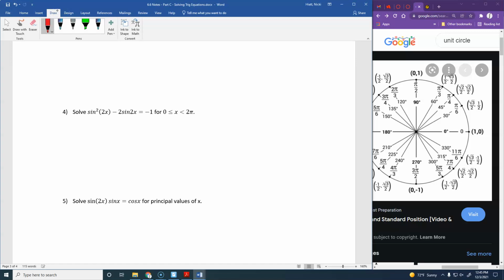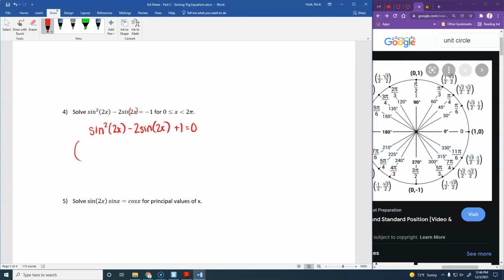So we've got sine squared of 2x minus 2 sine of 2x equals negative 1. This one's a little bit different because both of our sines have a 2x, right? So we're actually going to move everything to one side here. Sine squared 2x minus 2 sine 2x plus 1 would equal 0.